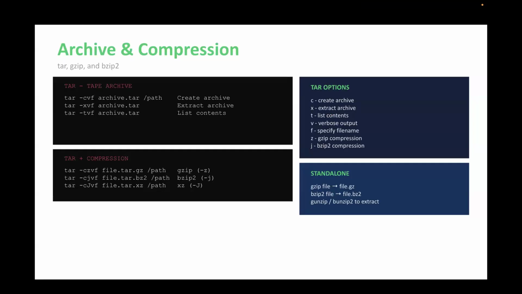Let me pull up my notes. Okay, so now I want you to think of tar, gzip and bzip, all of these, as practically zip on Windows, where you have a group of files that you want to bundle together into an archive.